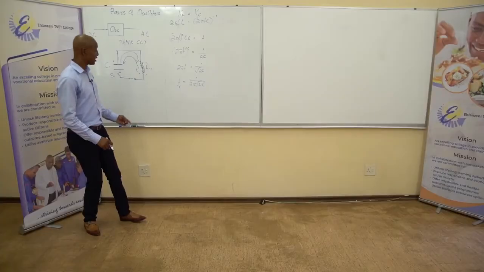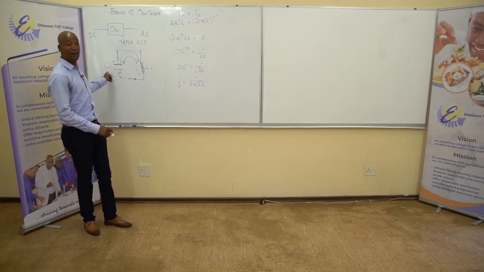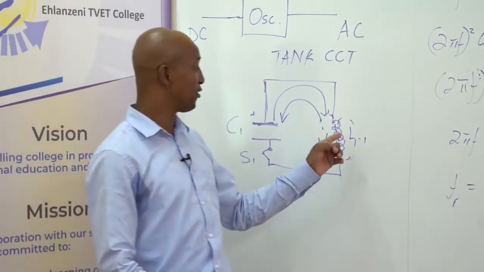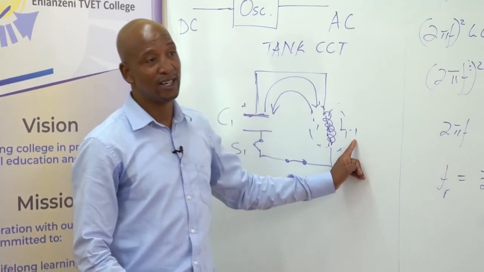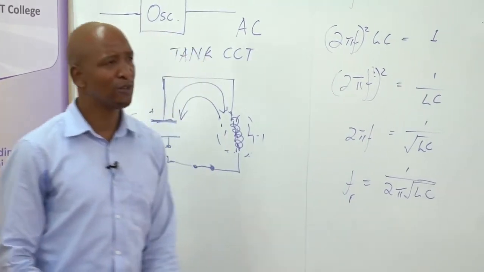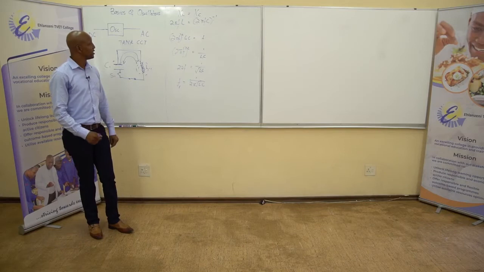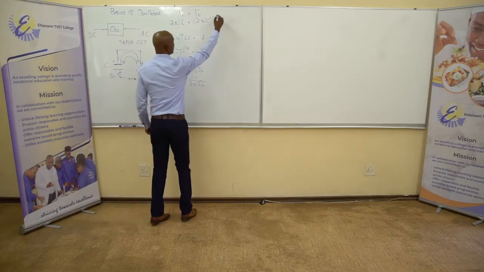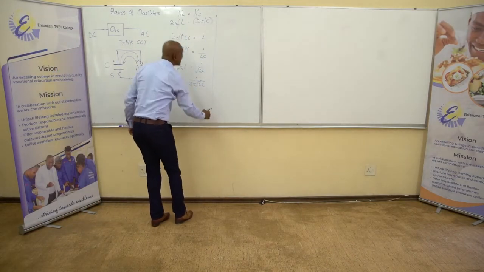That is to mean that if you know the value of your capacitor in farads and the value of your inductor in henries, you will determine the frequency of oscillation.